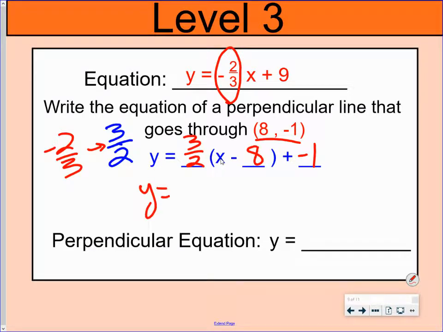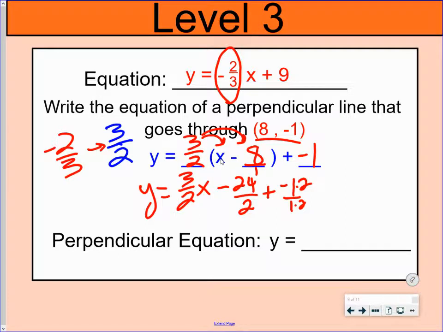Y equals 3/2 x. And then we know we can multiply numerators and denominators. So negative 24 over 2 and plus negative 1. To get a common denominator, you can use your calculator, but here, this is over 1. We want a common denominator. We're going to multiply top and bottom by 2.